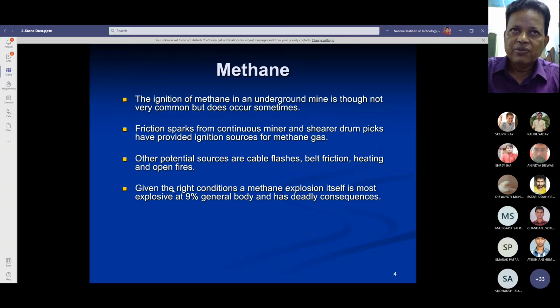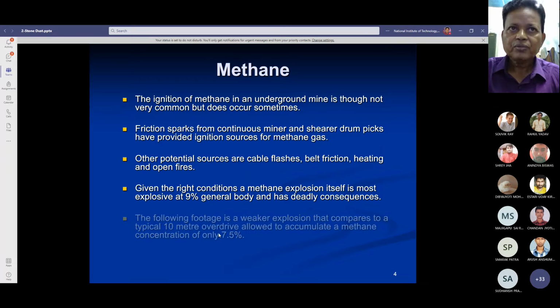But if the methane percentage in the general body of the mine air is 9%, then it is very explosive in nature and has deadly consequences.